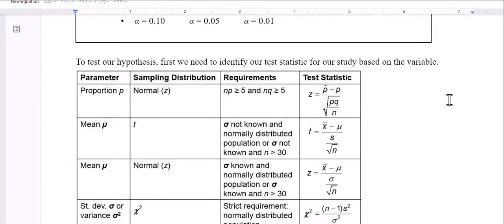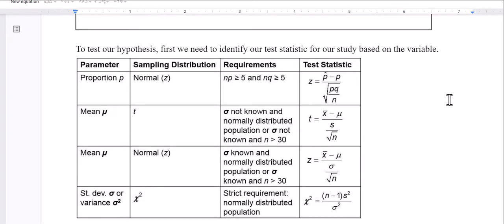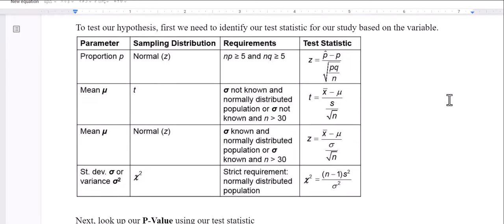To test our hypothesis, first we need to identify our test statistic for our study based on the variable. And this is where things get a little crazy as we go through all the different sections. Right now, we're focusing on the population proportion, so we're going to use the binomial approximation to normal. These requirements are really the central limit theorem requirements.